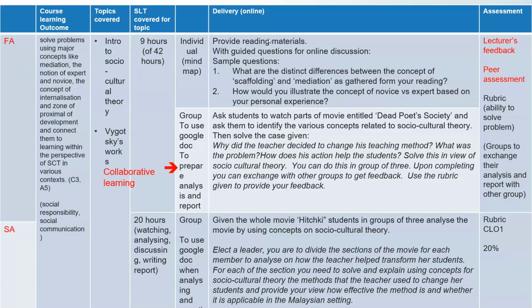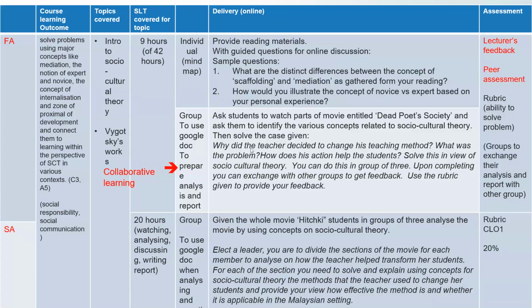And remember I told you about the formative assessment that you give your students to have a go with the rubric. For my formative assessment, I gave them parts of a movie that they had to watch, and then answer the question and solve the case.